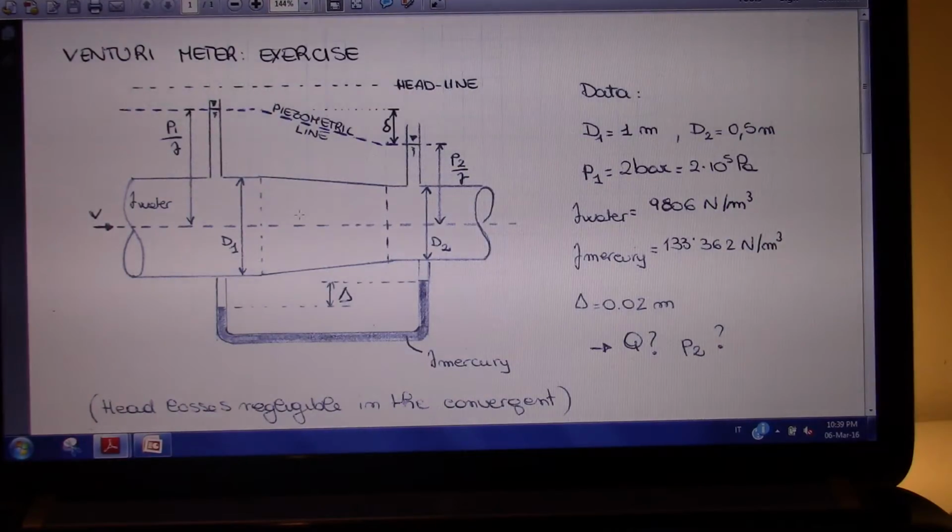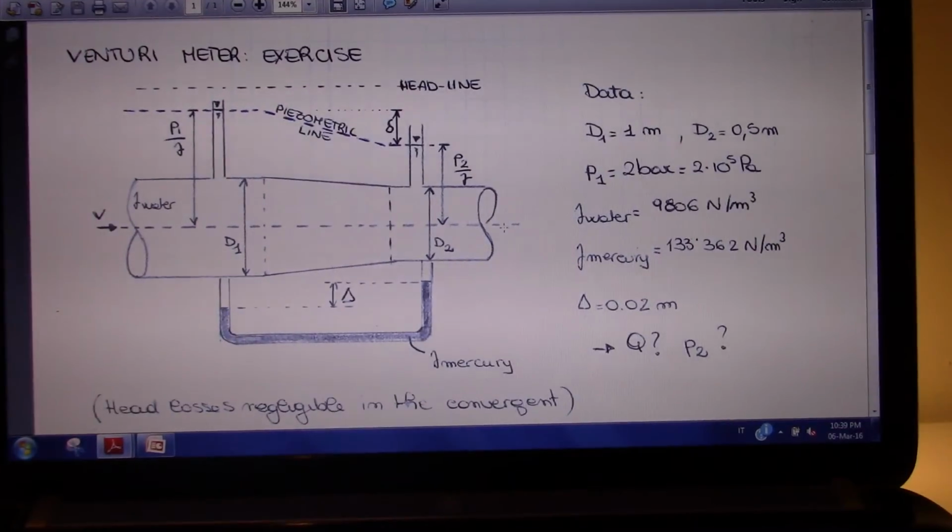So your data are that D1 is equal to 1 meter, D2 is equal to 0.5 meter. Then you know the pressure in section number 1, which is given by 2 bar. Then you have the specific weight of the fluid moving inside your convergent, which is water, and you have also the fluid inside the manometer, which is mercury.